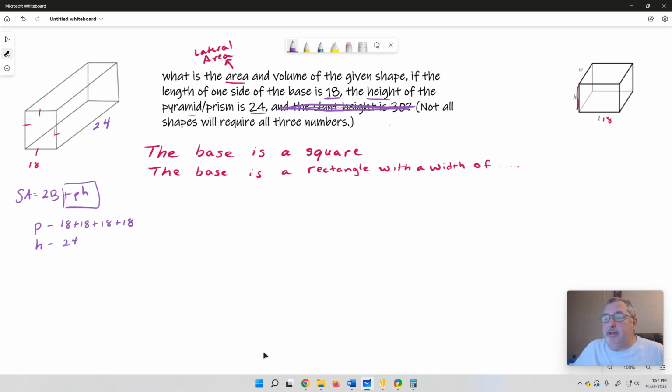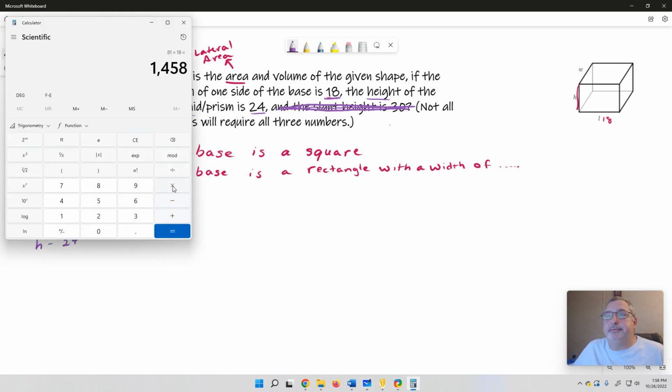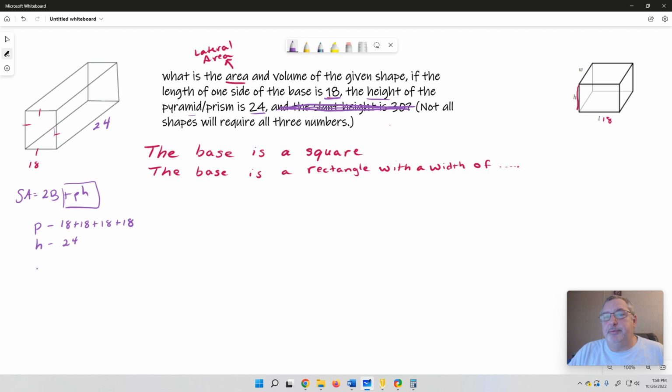And so I'm going to use my calculator. Don't be ashamed to use your calculator. I'm doing 18 times 4, so that's 72. So P is 72. And so my lateral area, which is pH, is going to be 72 times 24.